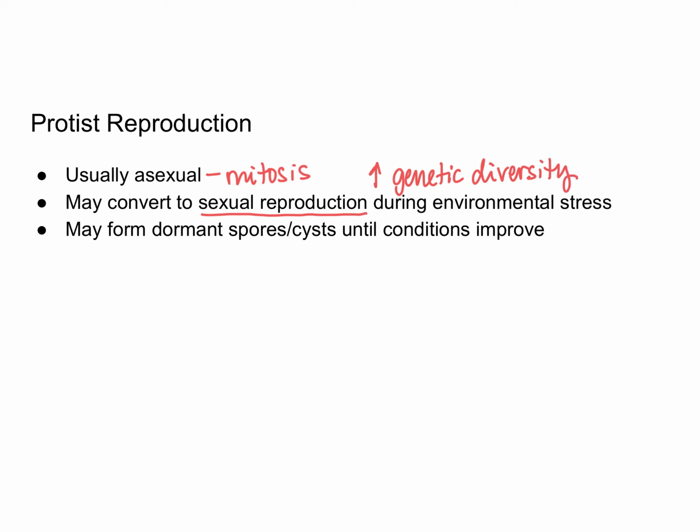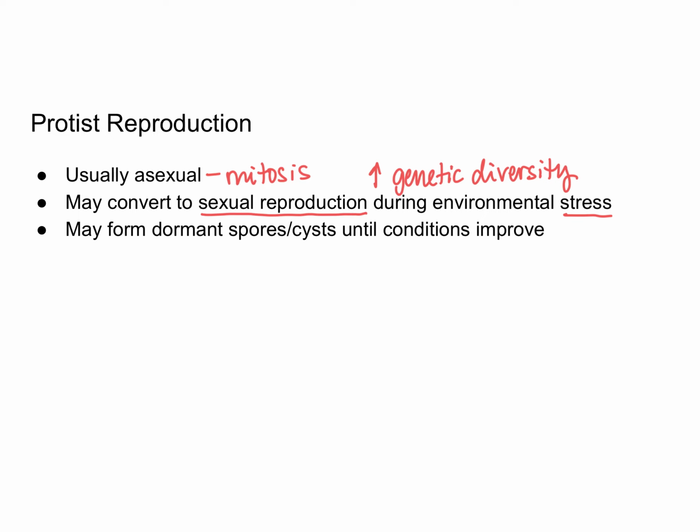And increasing genetic diversity, essentially you are shuffling genes around within the population. And you might have some protists in this population that are able to survive this stress, whereas others might not. But without that genetic diversity, if it's the wrong kind of stress, it might kill off all of the protists in the population, and then it's become extinct.